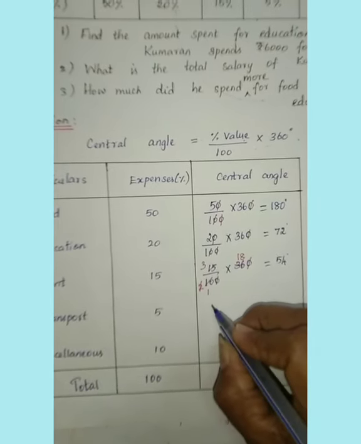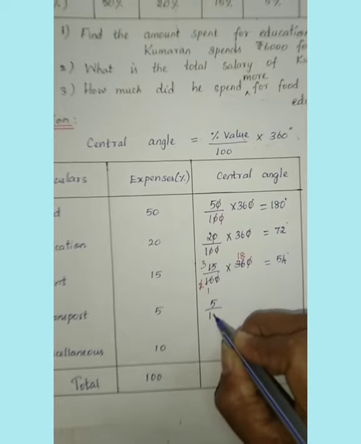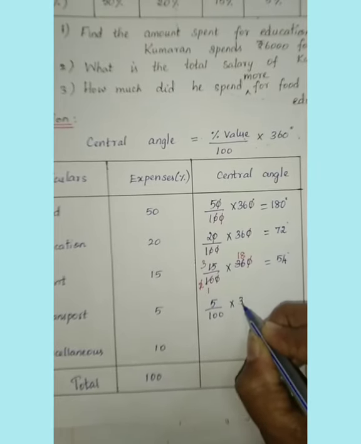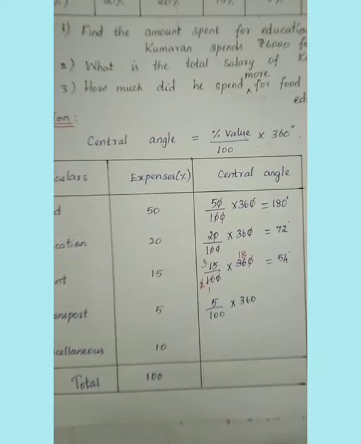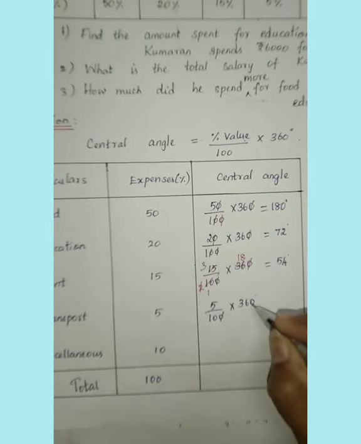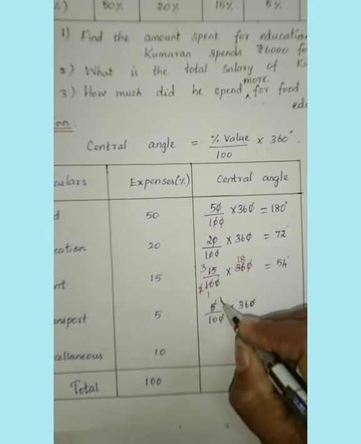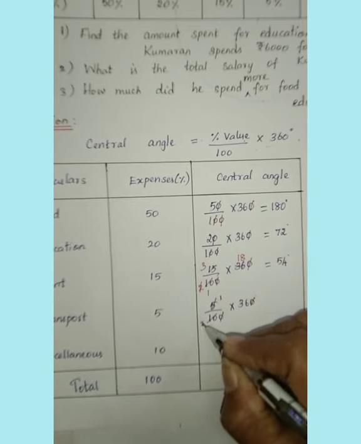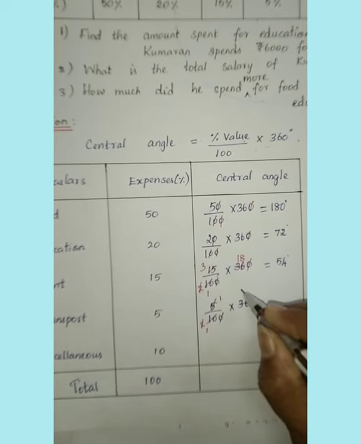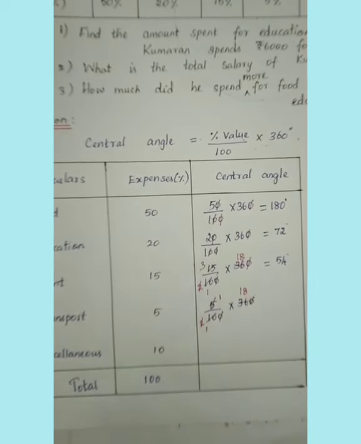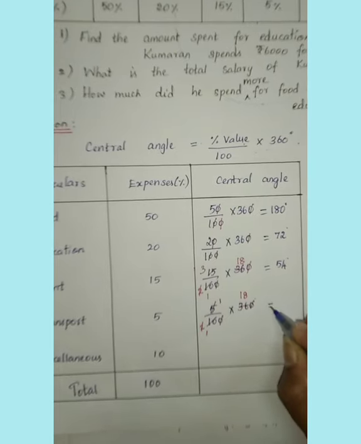Then the fourth one, 5 by 100 into 360. We can cancel 0. Then 5 ones are 5, 5 twos are 10, again 2 ones are 2, 18 twos are 36. So the angle is 18 degree.